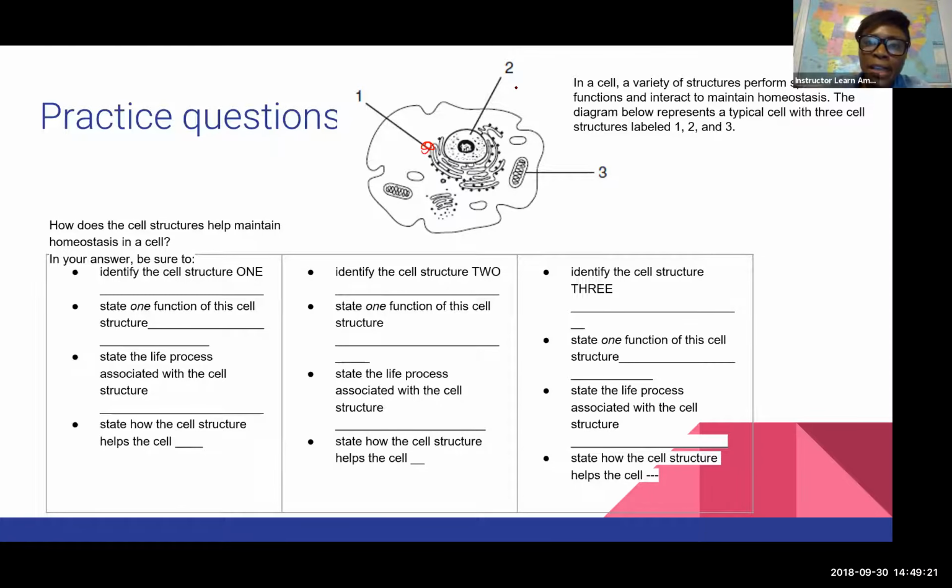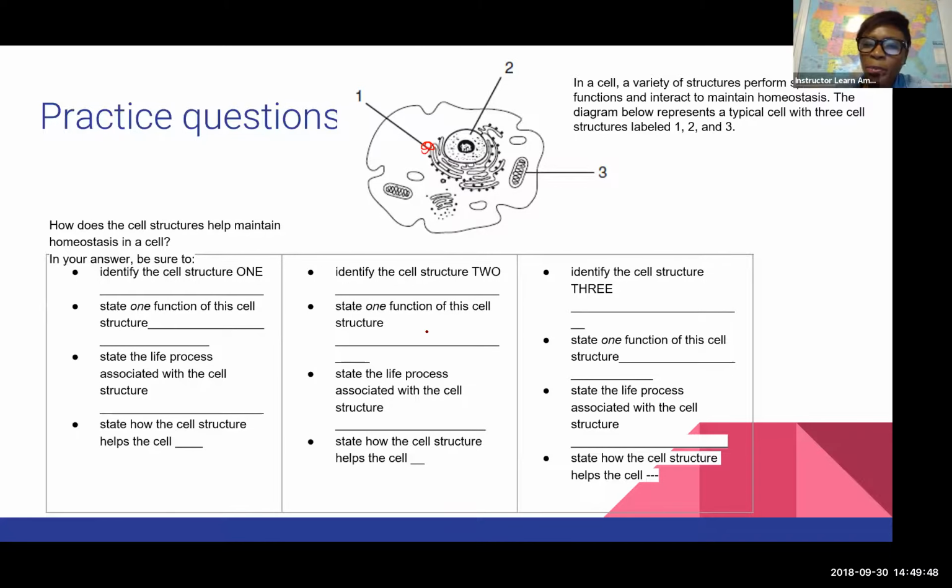Let's take a look at the second one. It's pointing to this organelle in the middle. I'll give you a second to think about it. All right, so structure 2 represents the nucleus. The function of the nucleus is to control cellular activities.